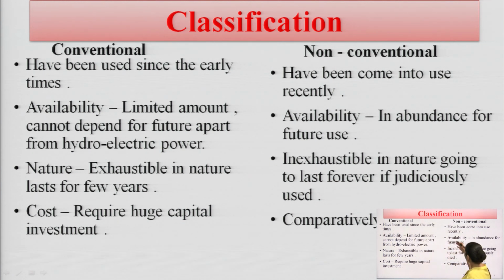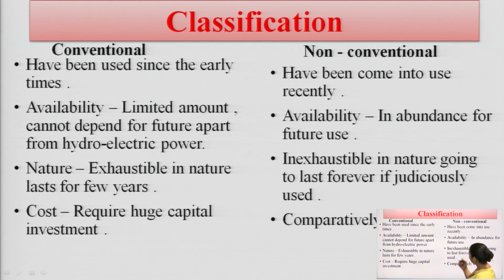Non-conventional is found in a very abundant amount, and we can store this for our future generation. When we talk about how long it has been in use, conventional is from early time, and non-conventional we are using in our recent time. So, this is the basic difference.